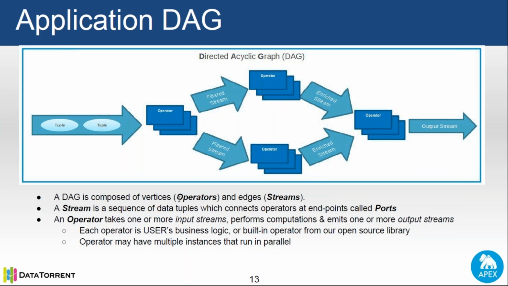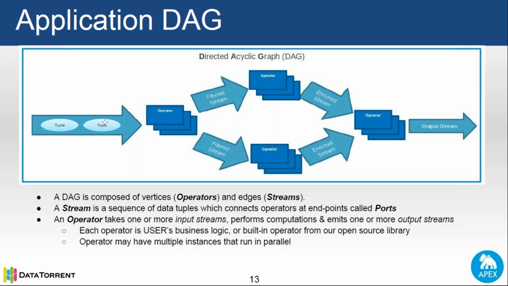In Apache Apex, any application is represented as a directed acyclic graph. When we talk about a graph, we think of nodes, that is vertices, and edges, right? Nodes in this case are the operators or the computational units, and edges are streams. A stream is nothing but a sequence of data tuples.